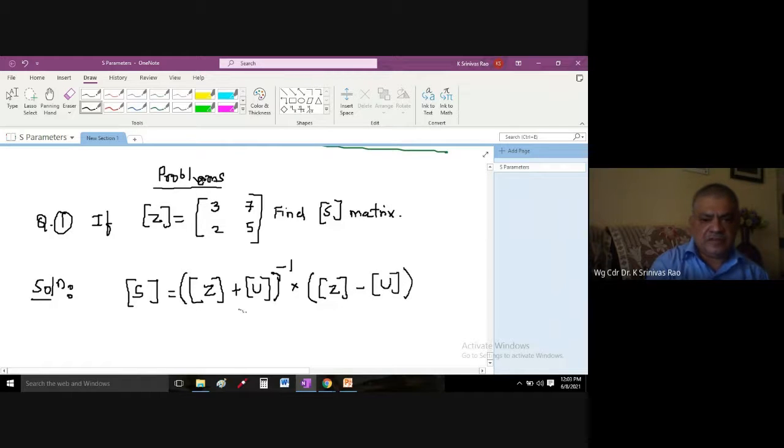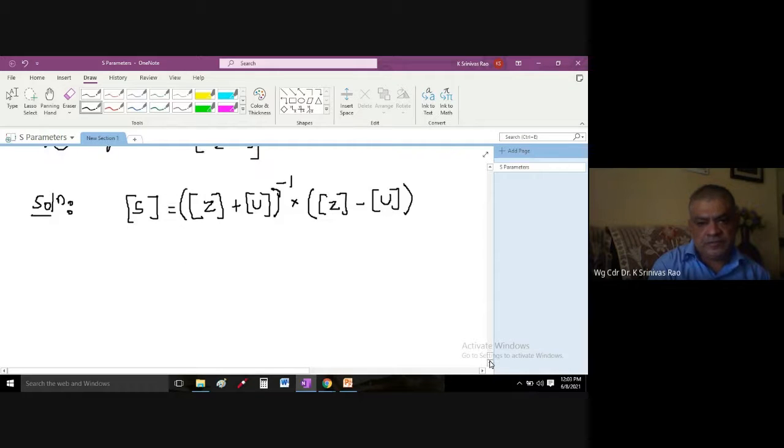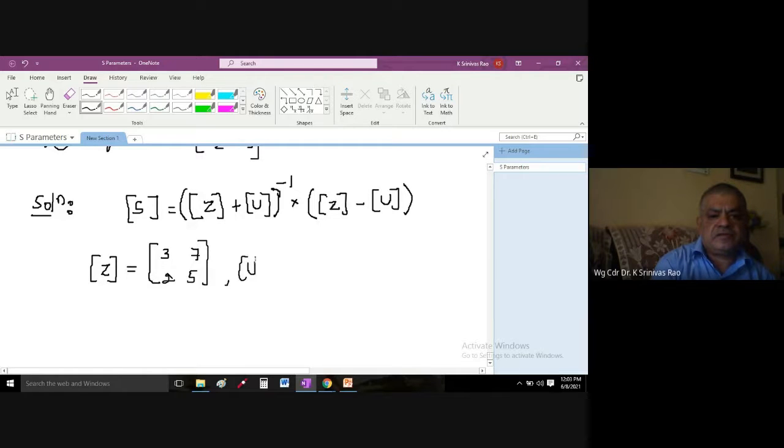So with this I can find the S matrix directly from this formula. For this I have to know the Z matrix, which is given for us: [3 7; 2 5]. And the unity matrix is a 2 by 2 matrix, [1 0; 0 1].